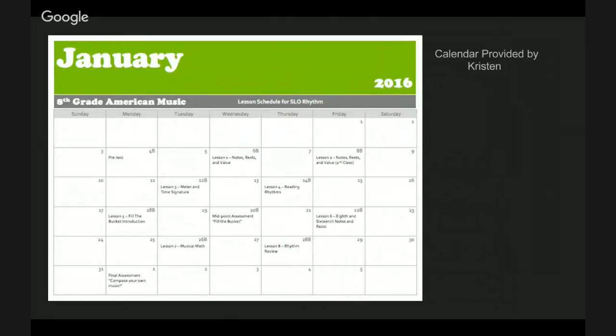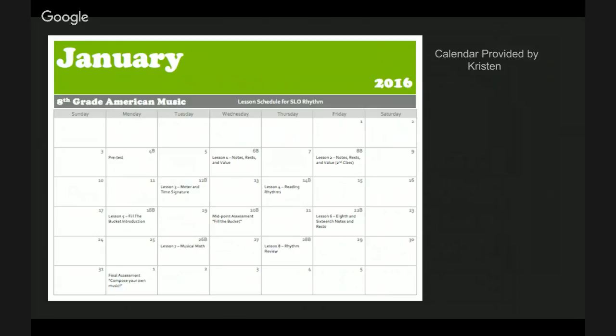So I presented first, and the first thing that I presented was a calendar of my teaching schedule in this unit. So I teach this class every other day for 50 minutes. And this just shows a brief overview, like what were the main topics for my lessons.